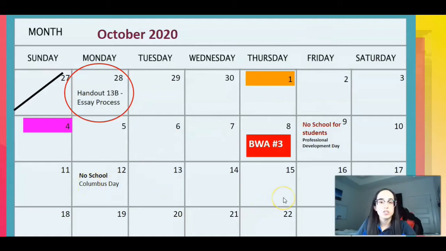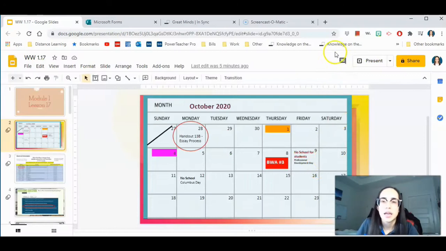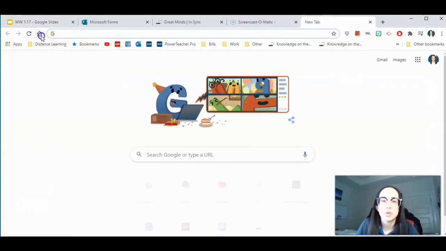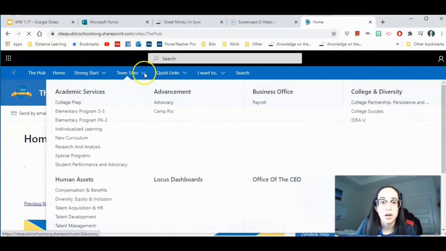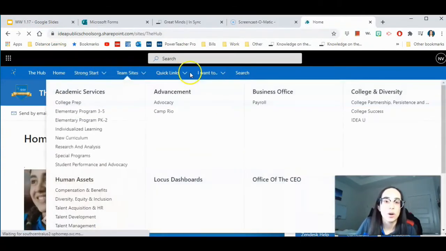But before we get started, I know that last week we took our bi-weekly assessment number 2, and I really want to show you where Idea McAllen ended up on the map for data.